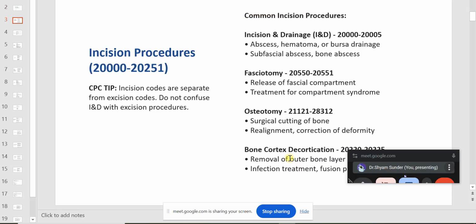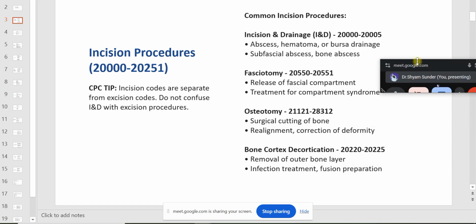All right. Now, incision procedures. Incision can be done on the subcutaneous region under the skin, or within the fascia, within the muscle, or within the bone. If you're doing I&D of a deep abscess, not within the skin. If it is within the skin, then you have the 10000 series codes. But here, for I&D, we are talking about the subfascial or even subcutaneous tissue, not the skin area.